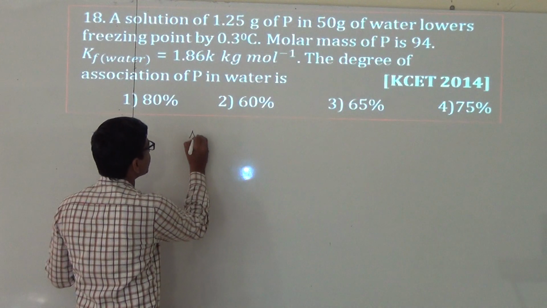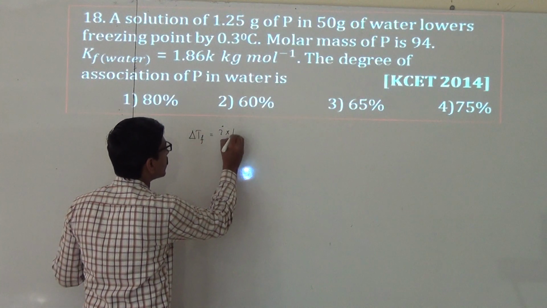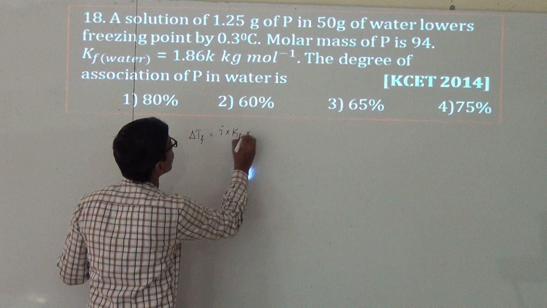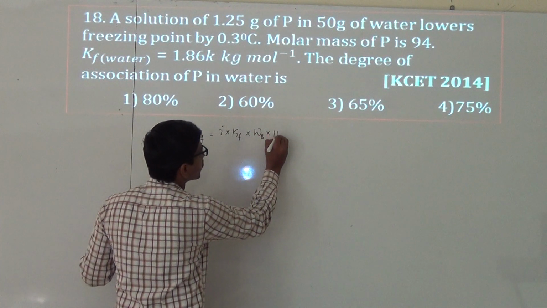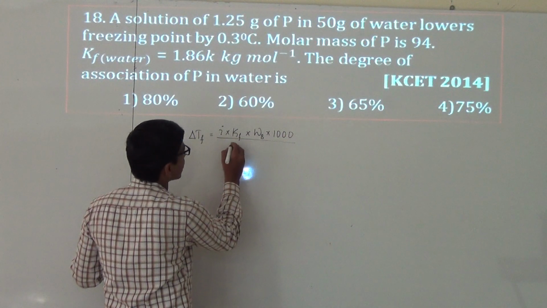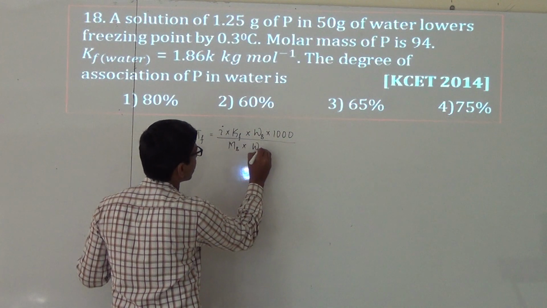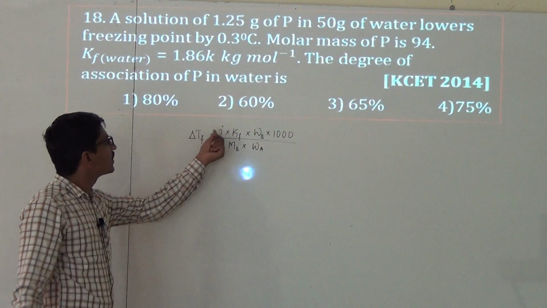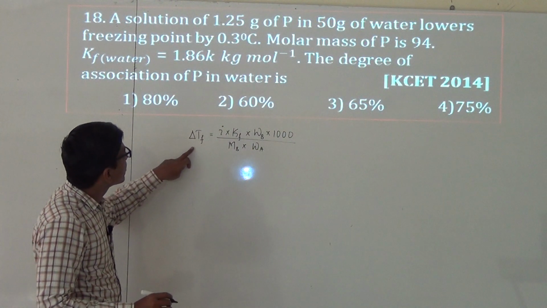The relation is delta TF is equal to I into KF into WB into 1000 divided by MB into WA. From this relation, first we have to calculate the value of I. The remaining data are known.